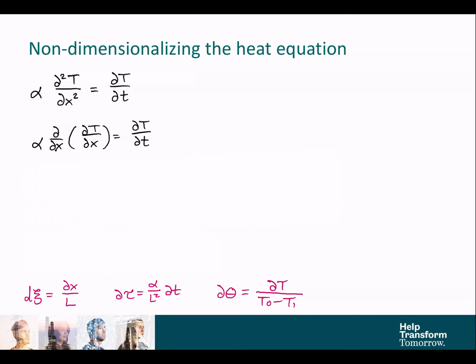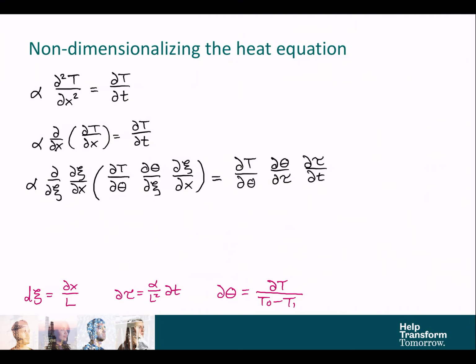Next, we're going to apply the chain rule to start expanding our real dimensioned coordinates into our non-dimensional coordinates. So our d/dx becomes d/dX times dX/dx. Our dT/dx is now dT/dθ times dθ/dX times dX/dx. And likewise for our time derivative, we differentiate temperature with respect to theta, theta with respect to tau, and tau with respect to t.